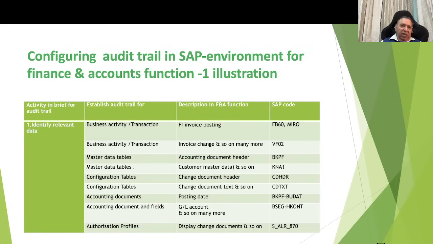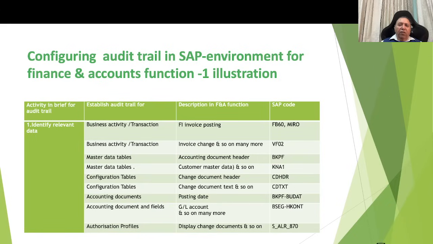The first activity is identifying the relevant data for which the audit trail is to be configured. Column number two is business activity transaction. For example, FI invoice posting is one example of where the audit trail is to be configured. Number two, similar activities, invoicing changes, and many more.